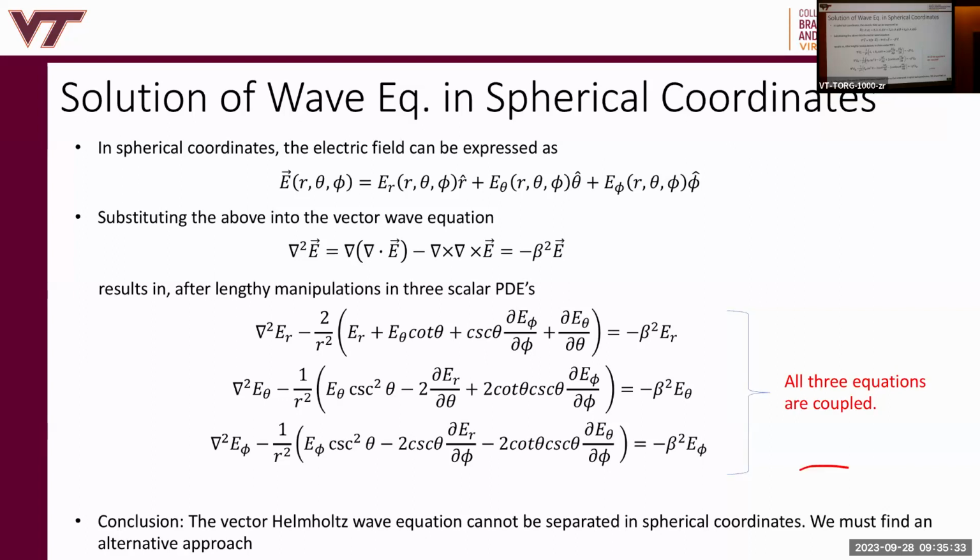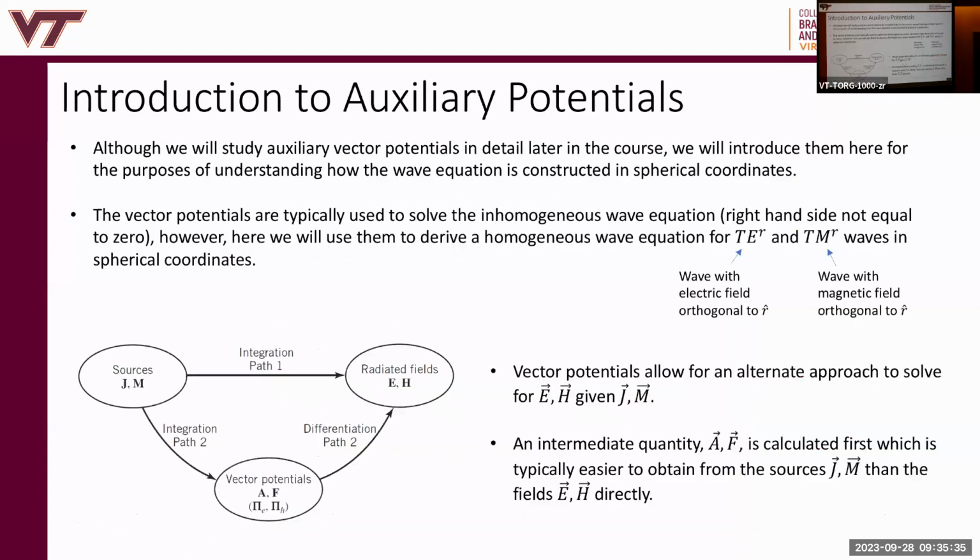Okay. So let's introduce auxiliary potential theory, all right? Although we will study auxiliary vector potentials more later in the course, we will introduce them here for the purposes of understanding how the wave equation is constructed in spherical coordinates. The vector potentials are typically used to solve the inhomogeneous wave equation.